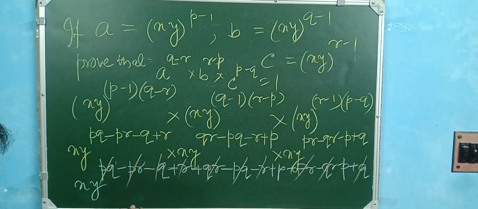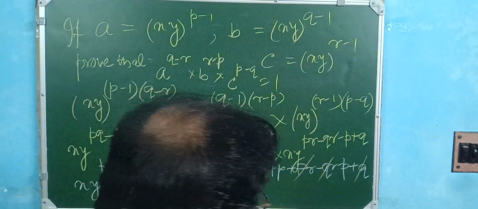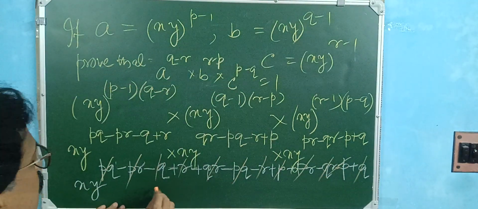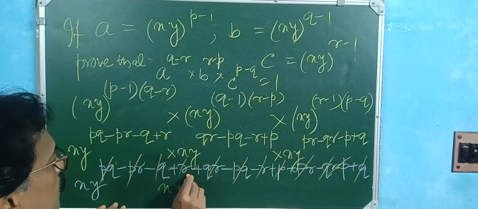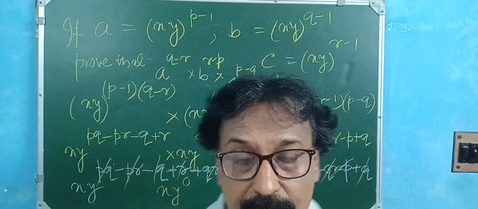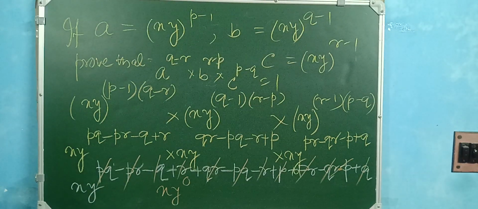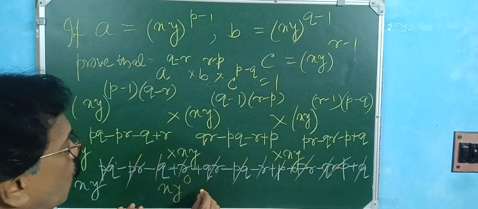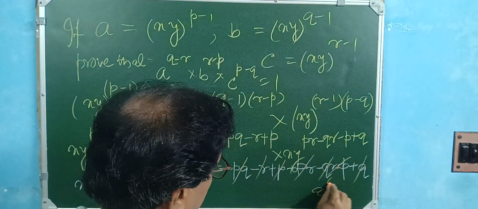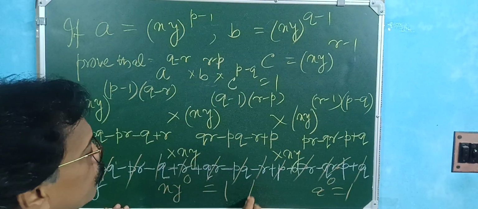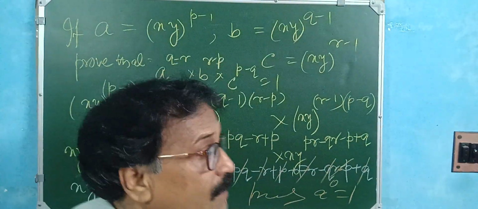Okay, plus p, here is minus p, this is minus, plus p minus p. So ultimately xy to the power 0. So ultimately you know a to the power 0 is 1. So xy to the power 0 is 1. That is proved. That is proved.